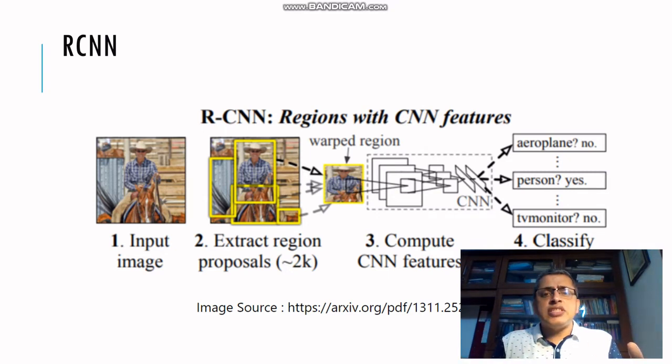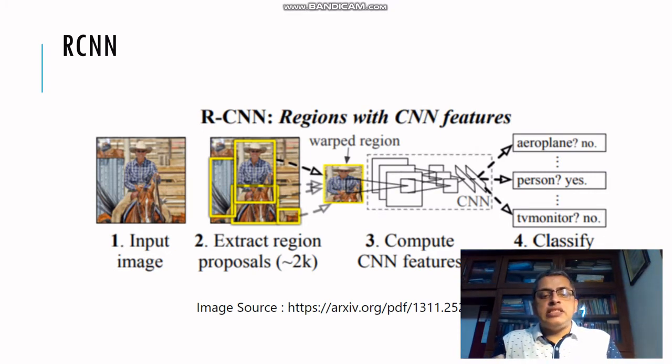Now selective search can be thought of as a much smarter way of doing the image pyramids and the sliding window, which we have earlier seen. So selective search gives much more likely regions of interest where objects are likely to be found.